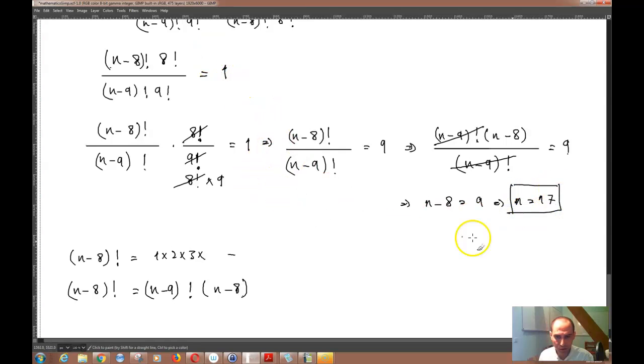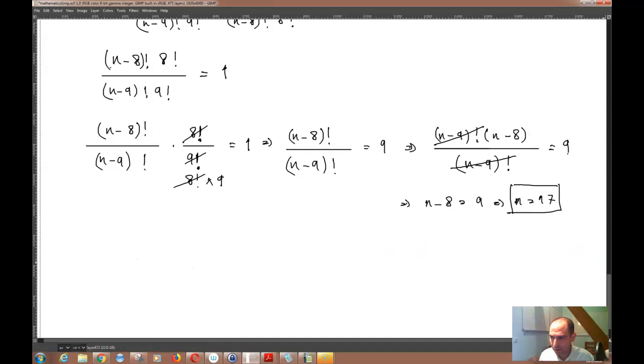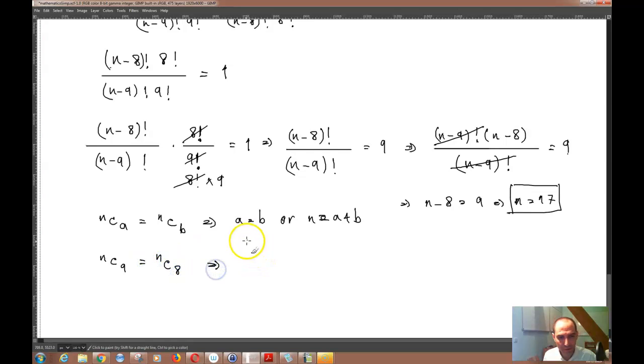And of course you saw that using that formula we got this very easily, meaning that if n combination A is equal to n combination B, that implies that either A is equal to B or n is equal to A plus B. The question that we were trying to solve was n combination 9 is equal to n combination 8, which implies that either 9 is equal to 8, which is not true, or n is equal to 9 plus 8, which is equal to 17, which is actually true.